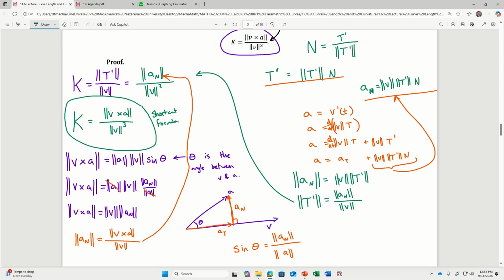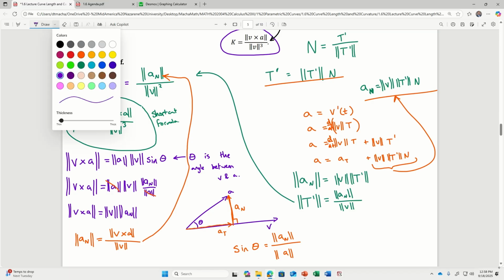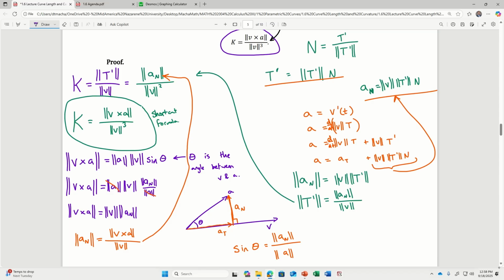Question? When you were doing the sine of theta, how did you get the norm of A as your hypotenuse? Oh, good question. So this right here is the acceleration vector. When I was drawing my picture to begin with, I said the longer vector that's more horizontal is the velocity vector, v.